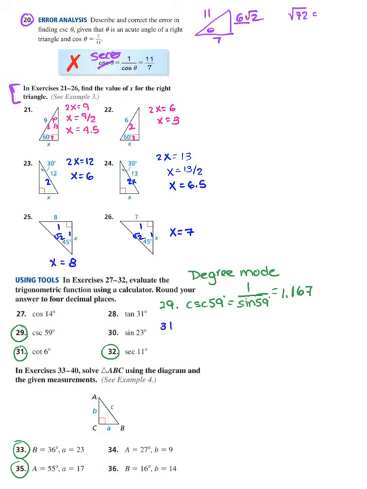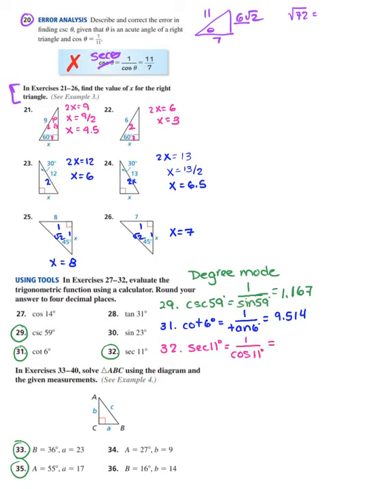On 31, we have cotangent of 6 degrees, which is the reciprocal of tangent. So 1 divided by tan 6 degrees. 1 divided by tan 6 is 9.514. And lastly, we have here 32, secant of 11. Secant is the reciprocal of cosine.